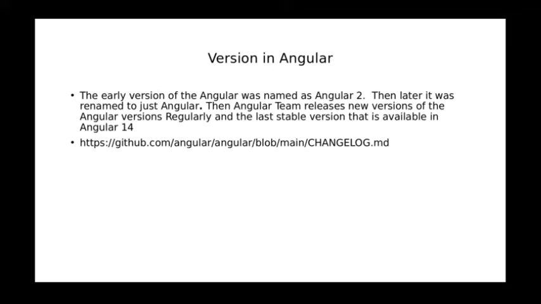The latest version is maybe Angular 14. When I am talking, the latest version is Angular 14. So many new features they are adding in the new versions. I will also add the proper link in the description box so that you can be aware of all the versions, when they were released, and what the latest features included are.